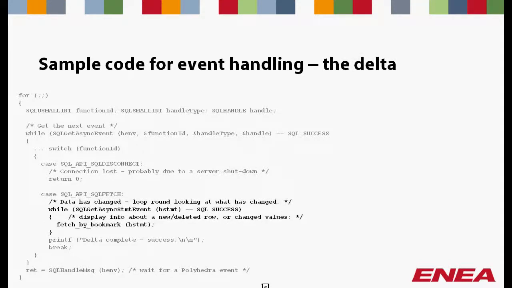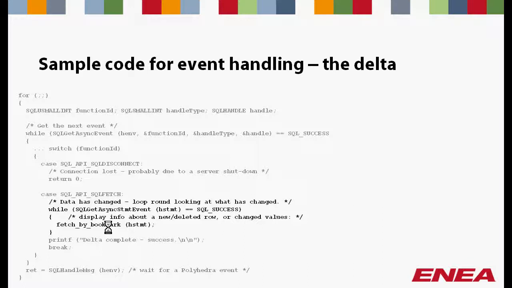What processing is needed? Well, because we've enabled events on the statement itself, we can call this function here, SQL getAsync statement event, and this will return a pointer to every row in the result set that has been affected by the delta. By affected I mean inserted, deleted or updated. In the case of an insert, all the values will be available.